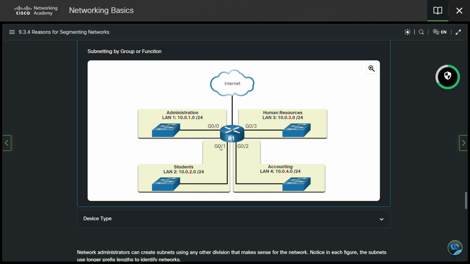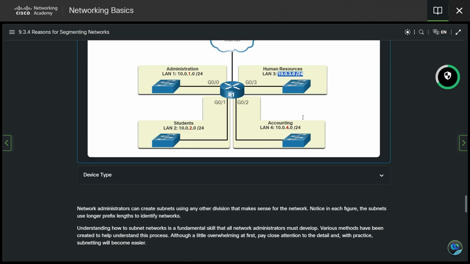The next is GigabitEthernet 0/1 connected to the students LAN 2. The next is GigabitEthernet 0/2 connected to the accounting LAN. The last is connected to port GigabitEthernet 0/3 for human resources with this IP address.